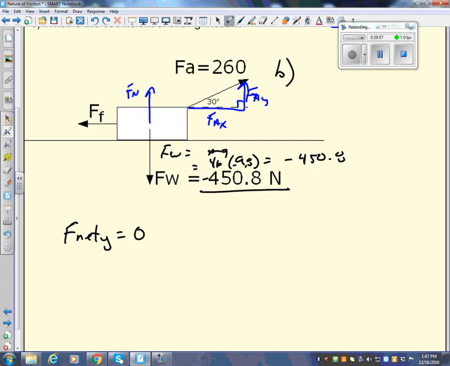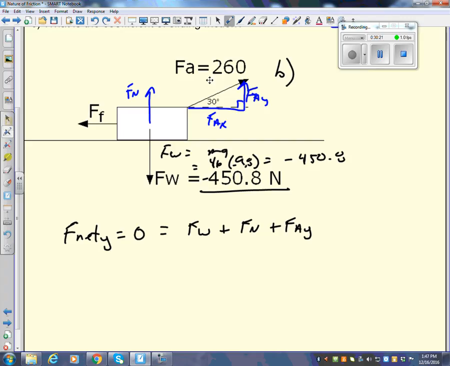And what makes up the net y component? Well, you got your FW, you got your Fn, and you got your FAY. You have three forces that are acting vertically, up and down. Right? Two of them are up, and one is down.